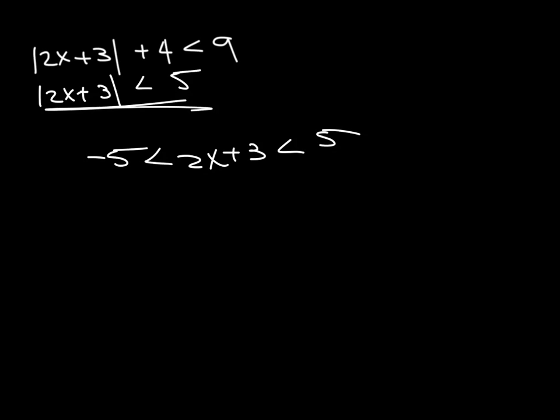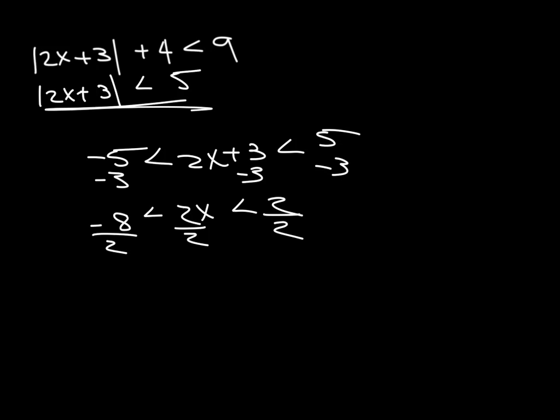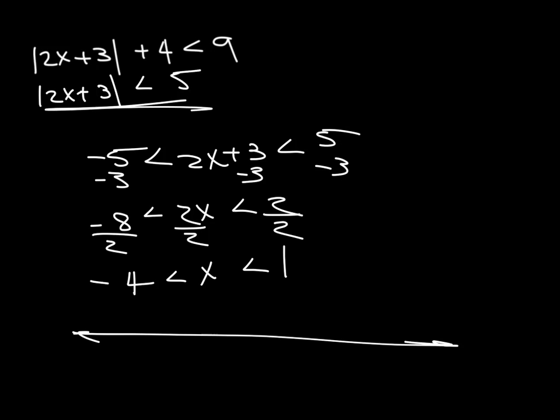And we go ahead and solve it. Subtract 3, negative 8 is less than 2x, which is less than 2. Divide by 2, divide by 2, divide by 2, and we get negative 4 is less than x, which is less than 1. And now all we have to do is graph it.